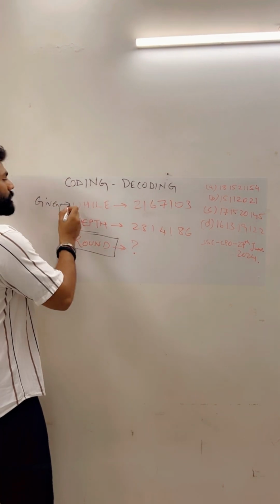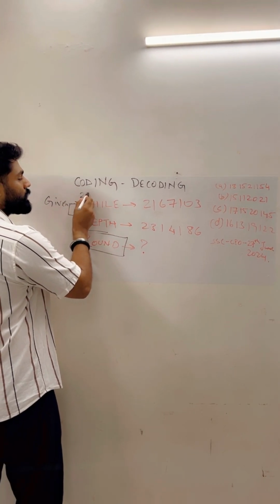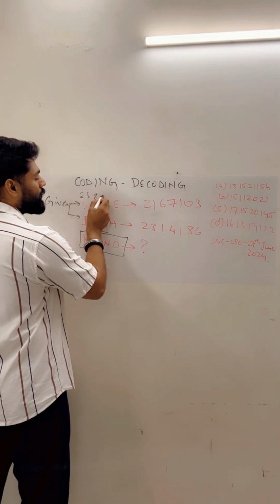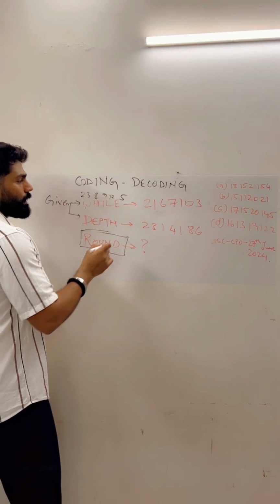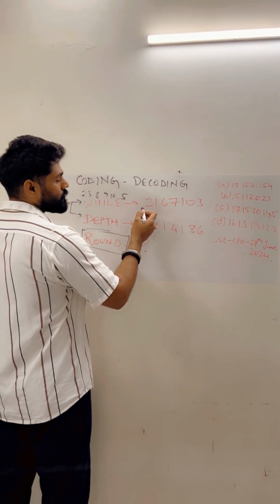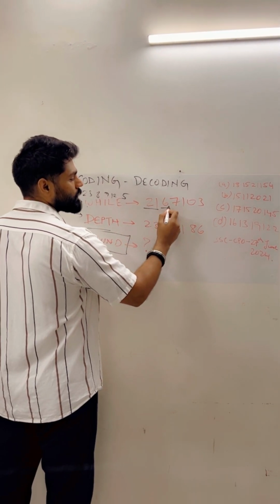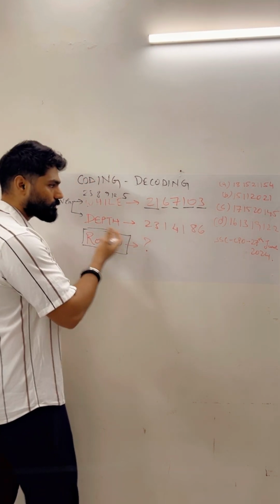Let's do it. We know that W's positional value is 23, H is 8, I is 9, L is 12, E is 5. And its code, which is given in the question itself, is 21, 6, 7, 10, and 3.